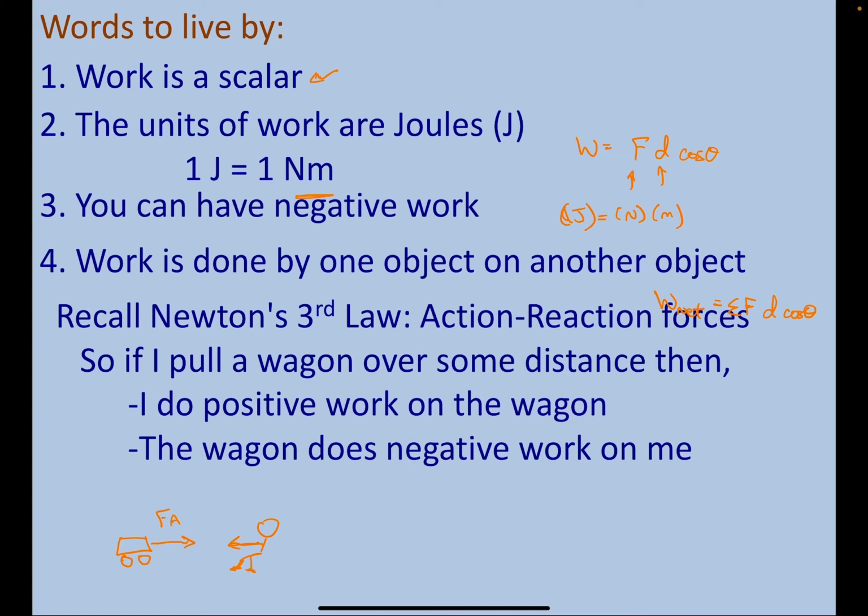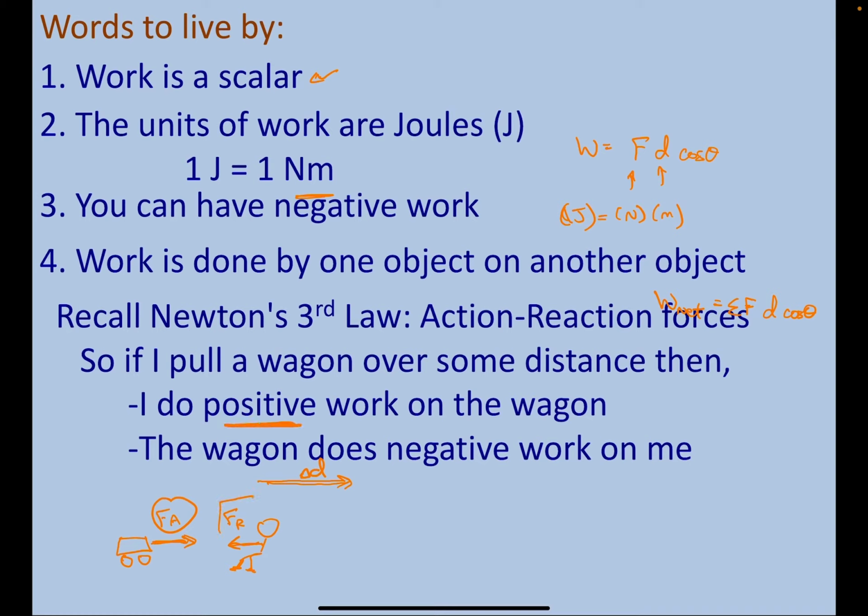And remember, by Newton's third law, there's a reaction force back on the person. But imagine, as this person is pulling the wagon, they're moving this direction. They're moving kind of forwards or east. You could say the work done on the wagon, that force and this displacement are in the same direction. That would be positive work. So the person does positive work on the wagon.